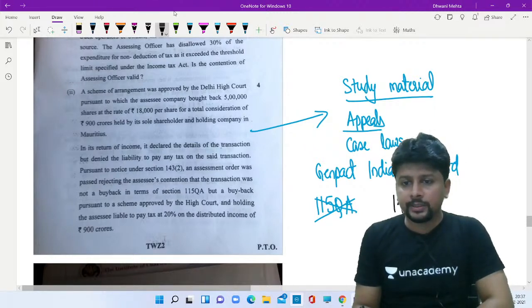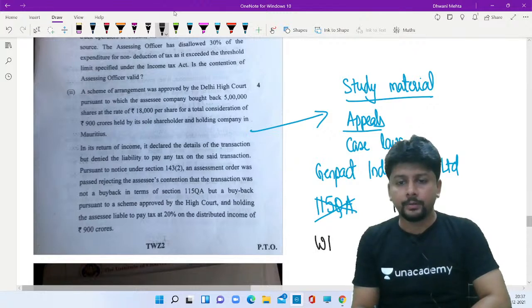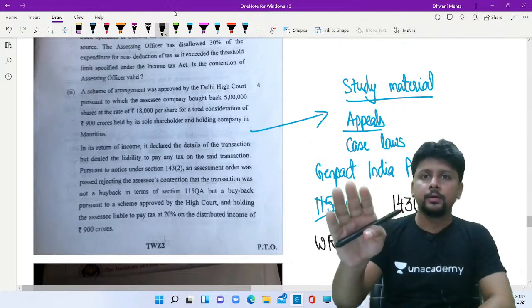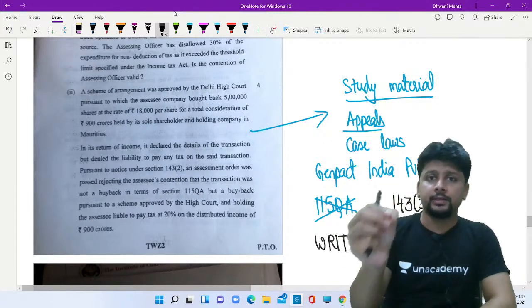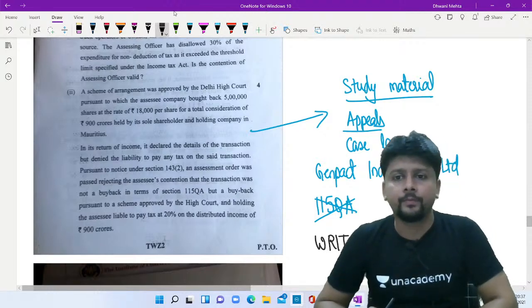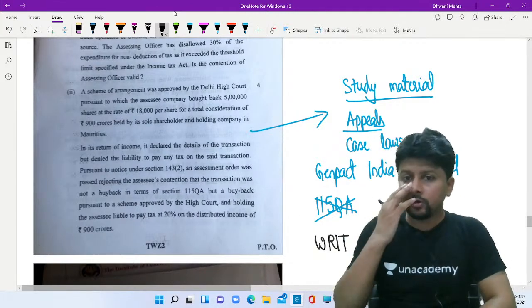So there is a 143(3) order passed. Now against this 143(3) order, there is a writ petition filed, and the issue revolved around whether this is the correct approach by the company. The case went up to the Supreme Court, Genpact India.